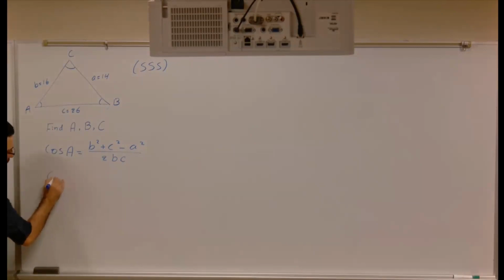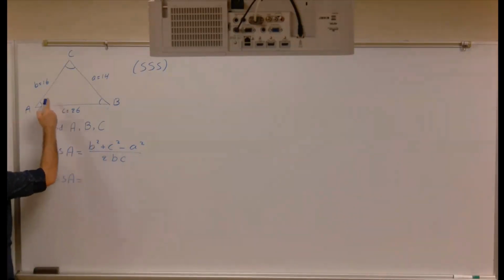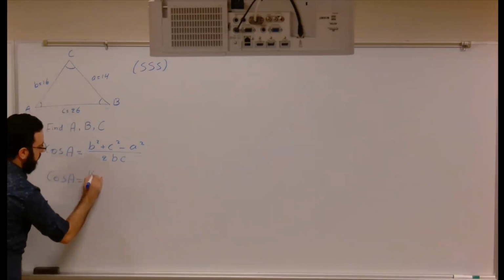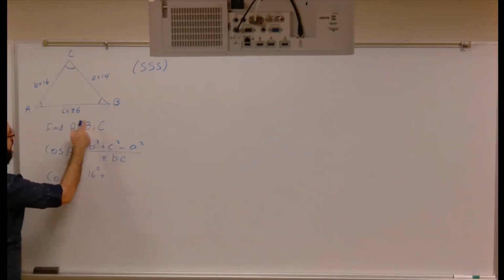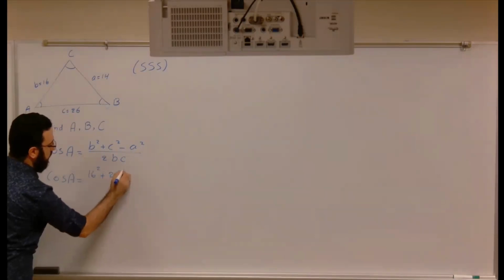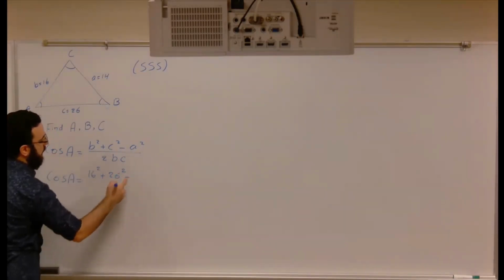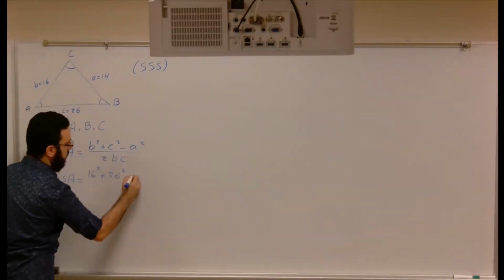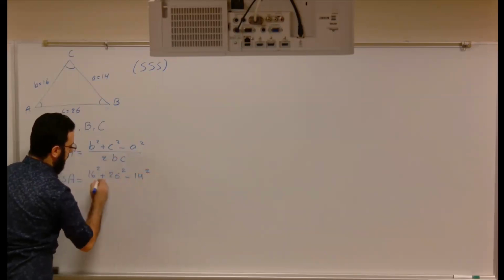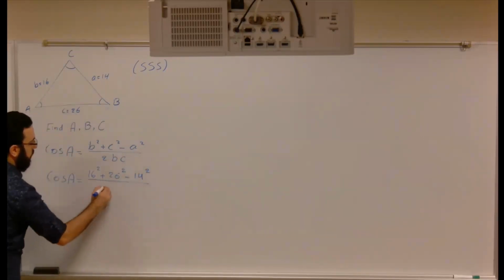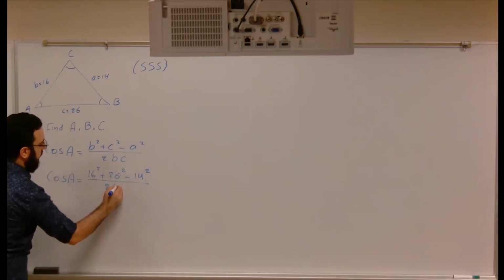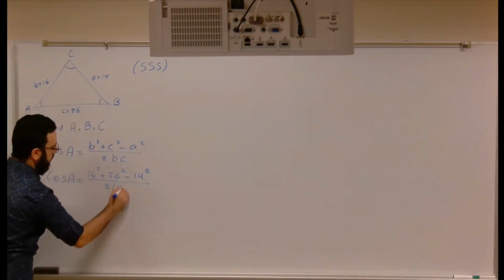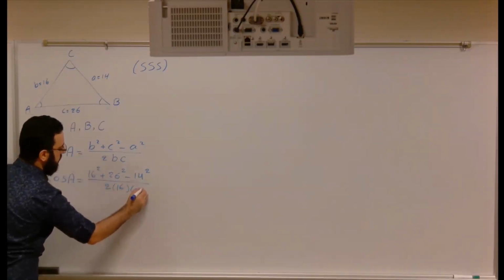Cosine A is going to be B squared, 16 squared, plus C squared, 26 squared, minus A squared, which is 14 squared, and divide by 2. B is 16, and C is 26.